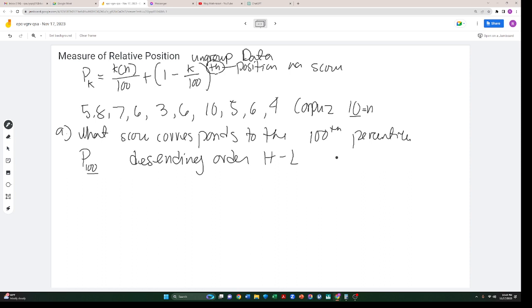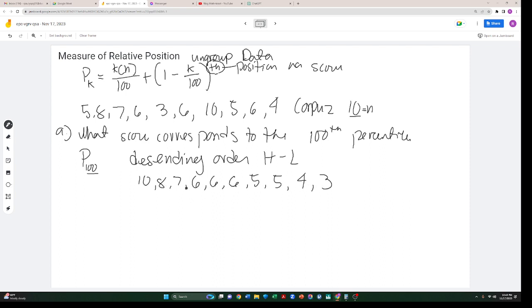In the book, they use descending, from highest to lowest. So let's arrange this: 10, 8, 7, 6, 6, 6, 5, 5, 4, 3. That is 1, 2, 3, 4, 5, 6, 7, 8, 9, 10.